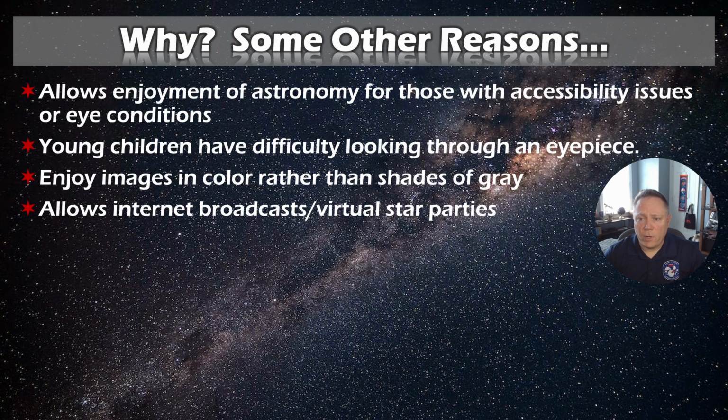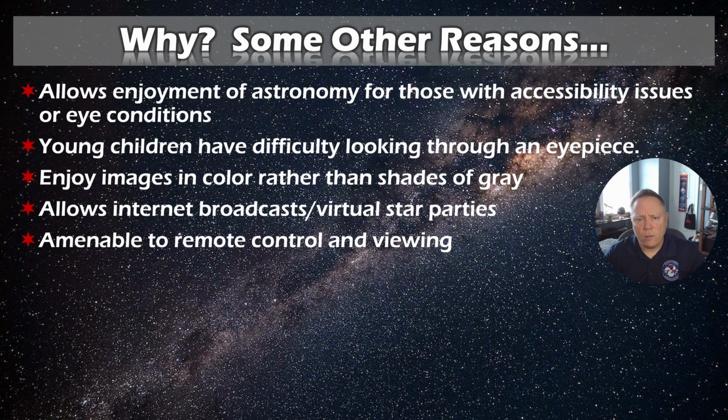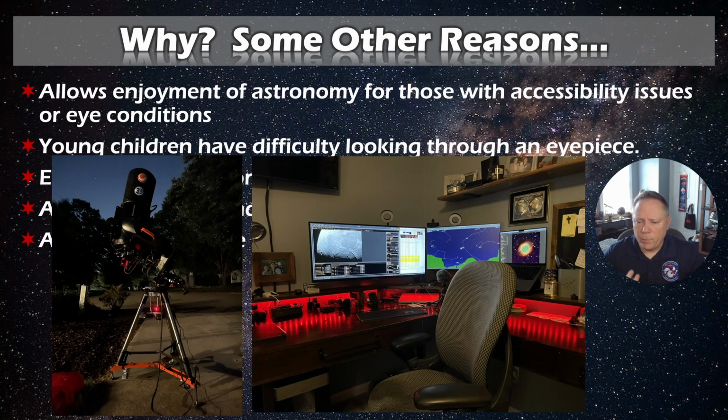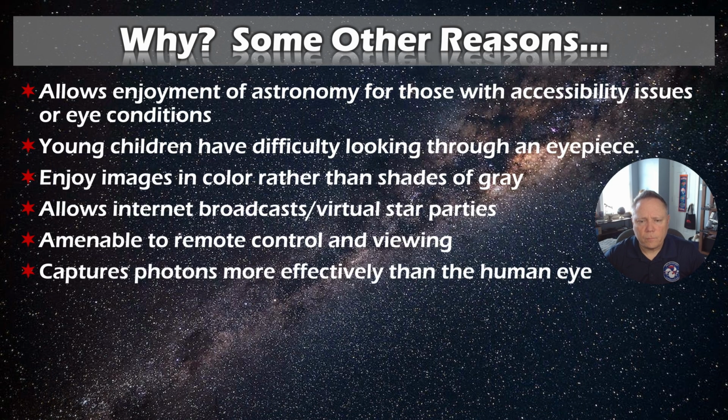It also allows for internet broadcasts and virtual star parties. It's also very amenable to remote control and viewing. I personally set up my scope outside of my garage, and when it's cold outside, I can actually be inside my den, controlling the telescope and doing all my viewing from the comfort of my home.